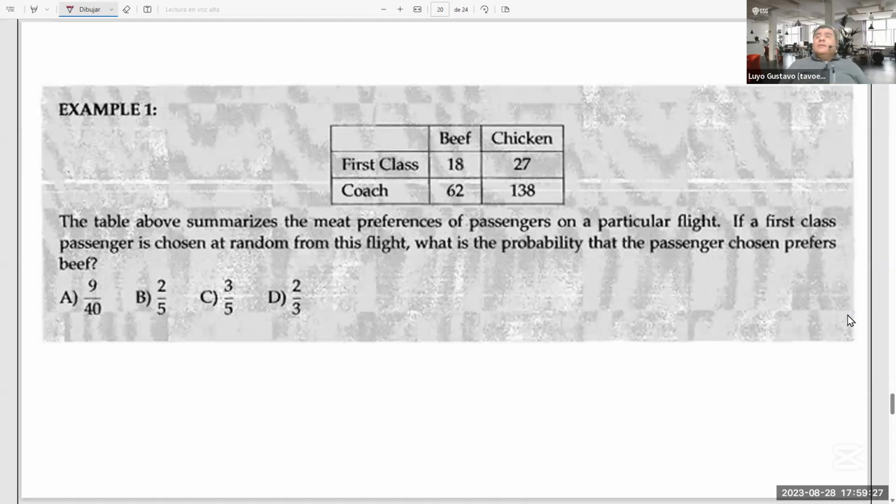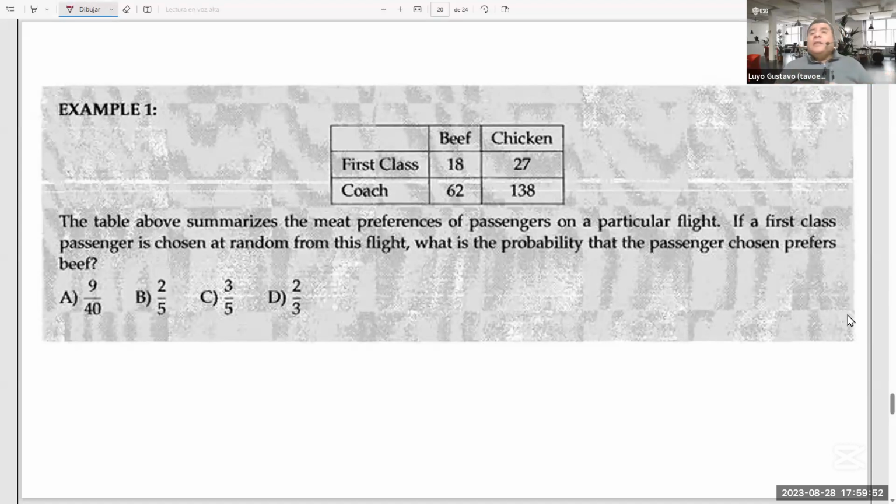Here, we see first a table. In the table, there are 2 entries. Vertically, you have beef and chicken, and in the rows, you have first class and coach. Those are 2 types of flight tickets, and beef and chicken are the two types of food they serve.